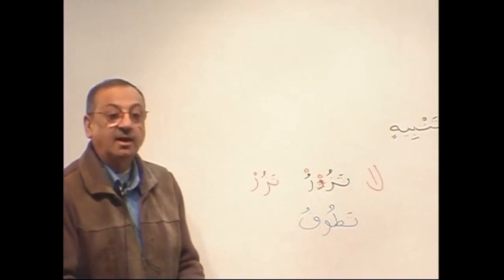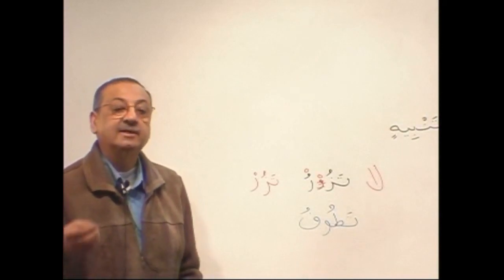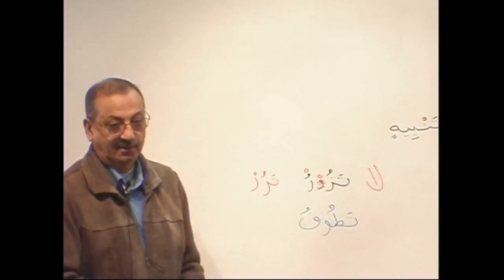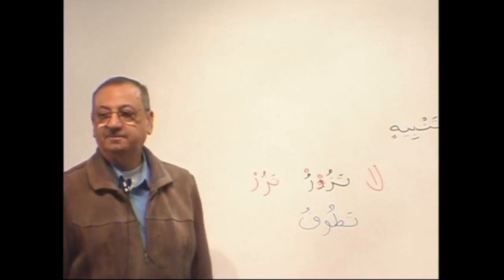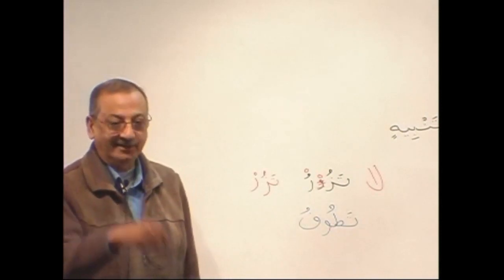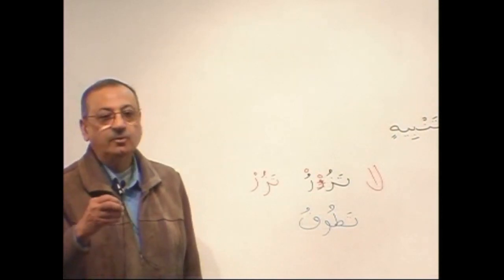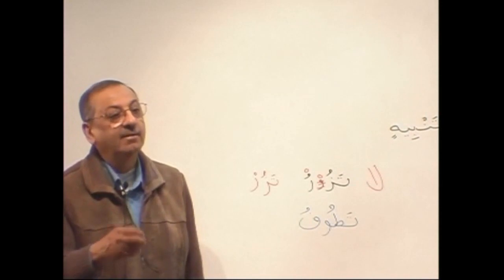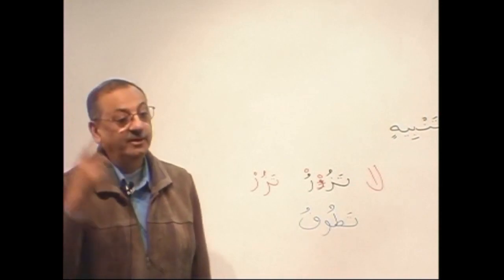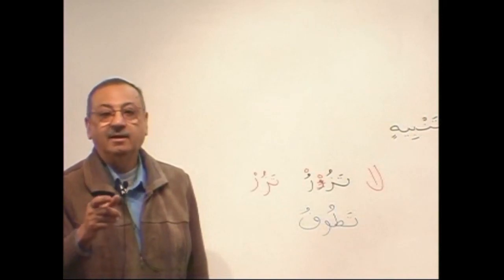So la nahiya also tufidu amr. It indicates amr, but in negation. Ijlis, la tajlis. Ijlis, la tajlis. Kul, eat, la takul. Don't eat. Ishrab, drink, la tashrab.